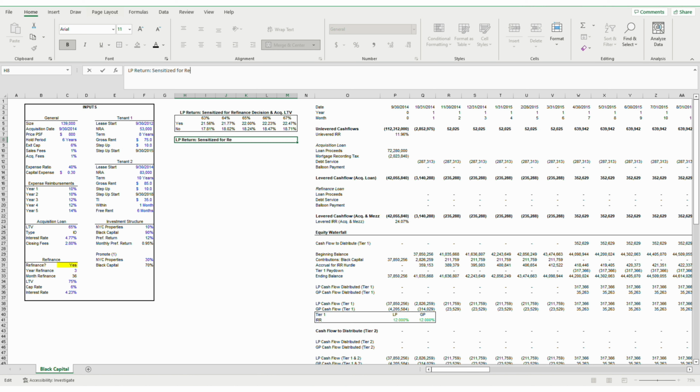I can also sensitize the inputs of the refinance decision itself, this time based only on the refinance inputs of interest rate and loan to value.